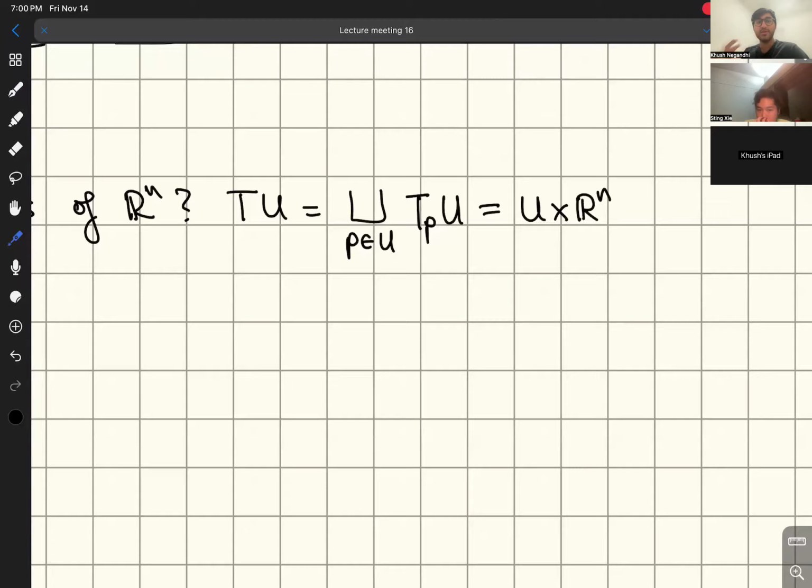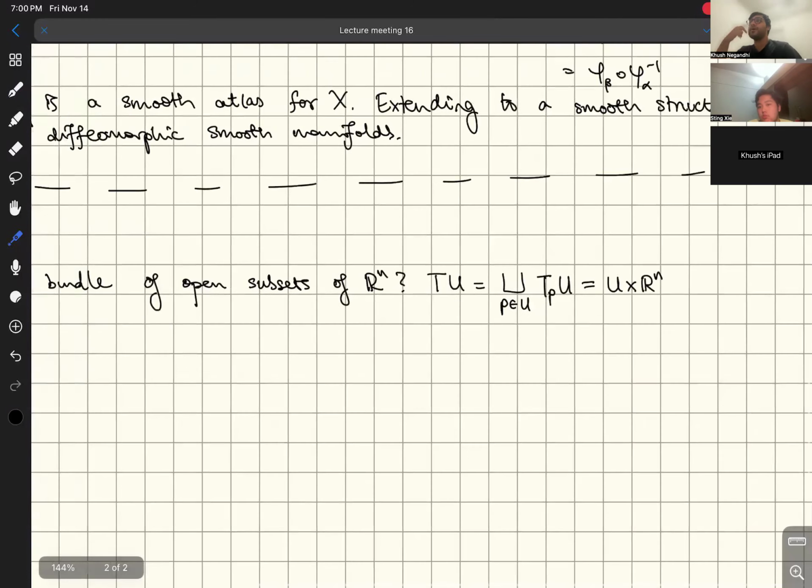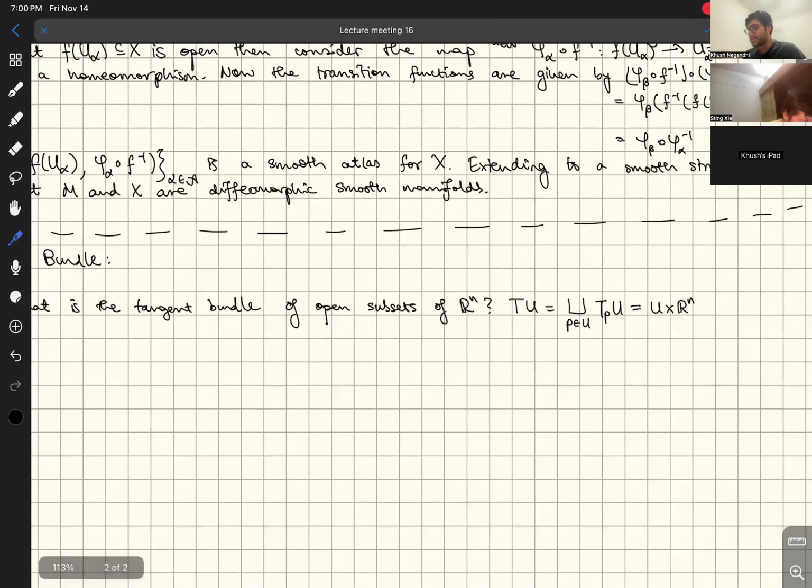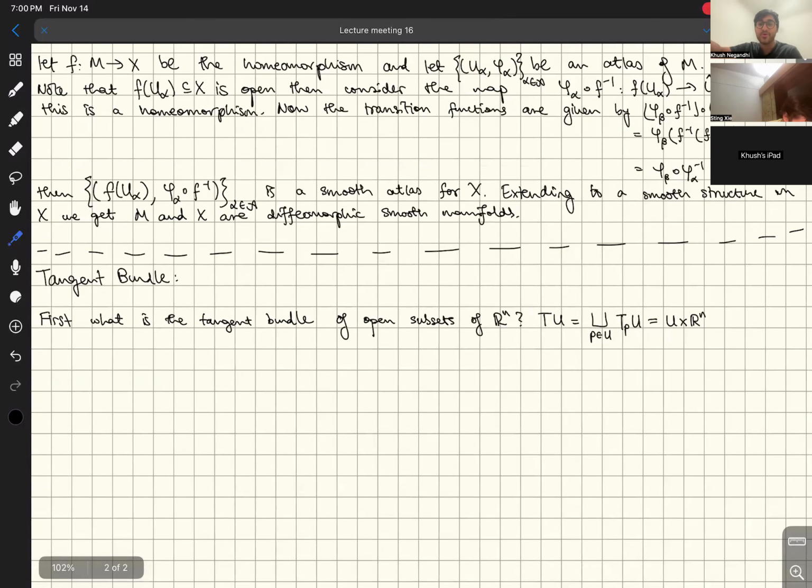And because U is an open set, we have the identity change of coordinates. We also have a change of coordinates that maps one point to any other point. Which means that every tangent vector is going to be the same as every other tangent vector at some other point. What happens is that the tangent bundle then collapses down to something very nice. It just collapses down to this set.